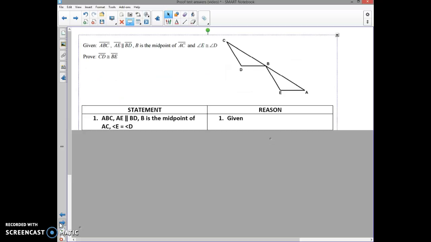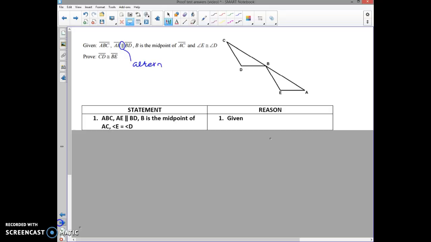The third one has some straightforward vocabulary. Parallel, as before, I know in my class I said that anytime you see parallel, you want to recognize either alternate interior angles or you want to recognize corresponding angles. Those two are the most popular. There are other angles, but those two are popular for proofs.